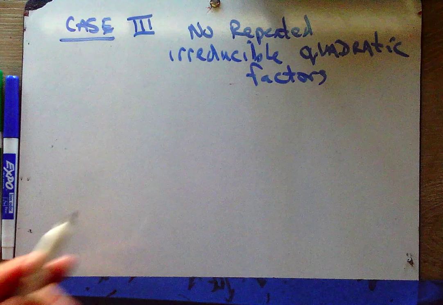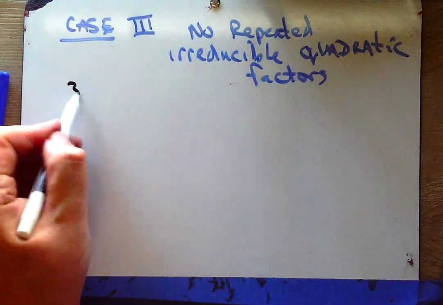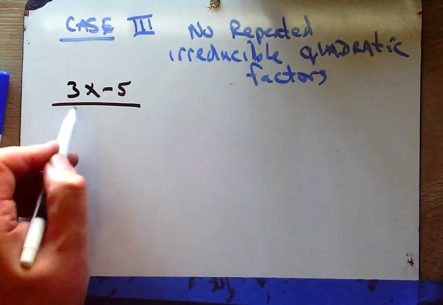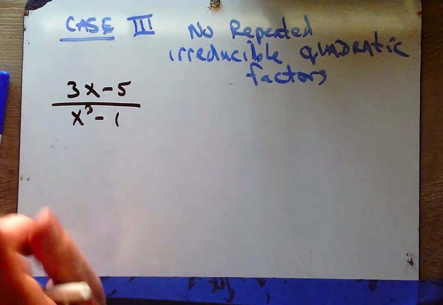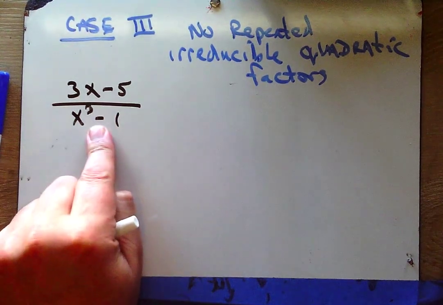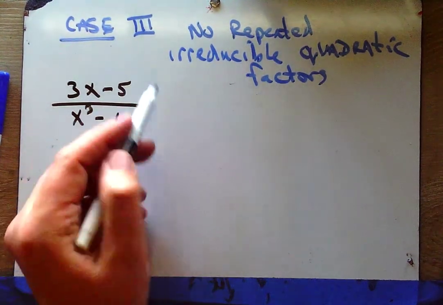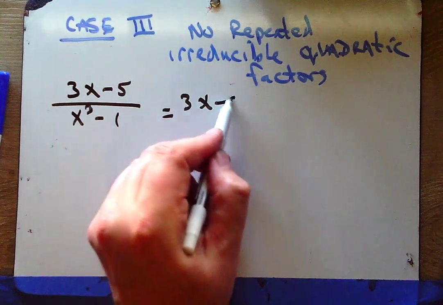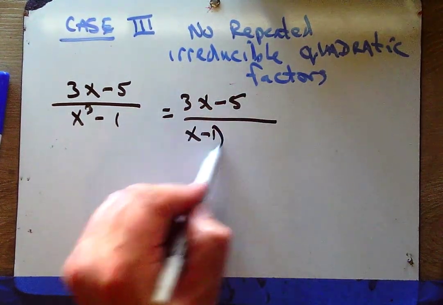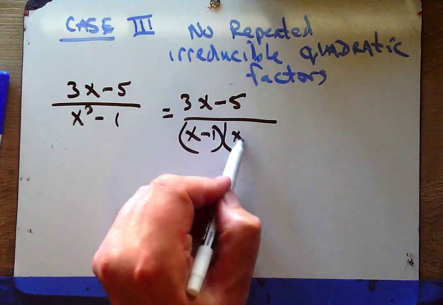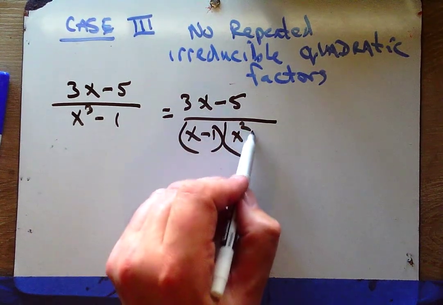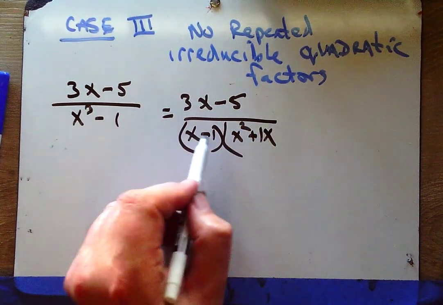So, for example, if I have something like 3x minus 5 over x to the third minus 1. Now, that's a difference of cubes. I know how this factors. It factors as x minus 1 times this 1 squared, change the sign, and this 1 squared.